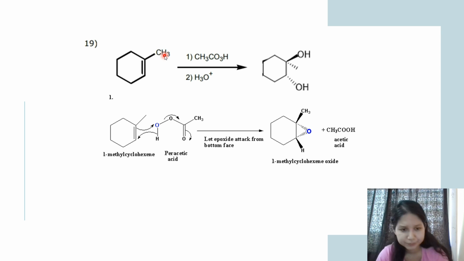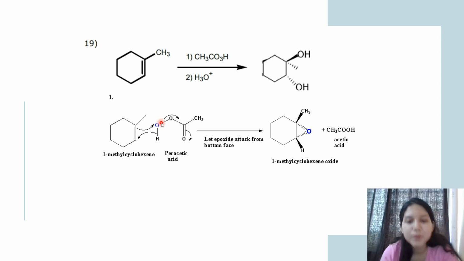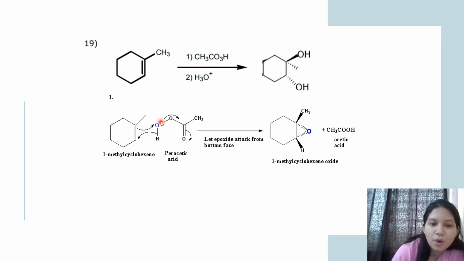Okay, see, this oxygen atom, which is carrying the acidic proton of the peracid, is highly electron deficient. Okay, because the electron pairs of this oxygen are being pushed in the opposite direction due to being conjugated with this carbonyl group.